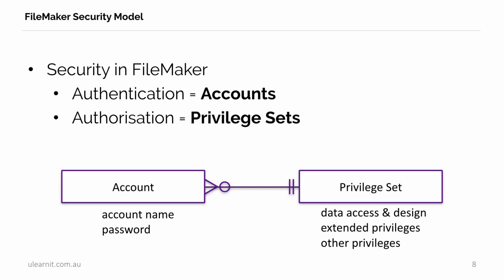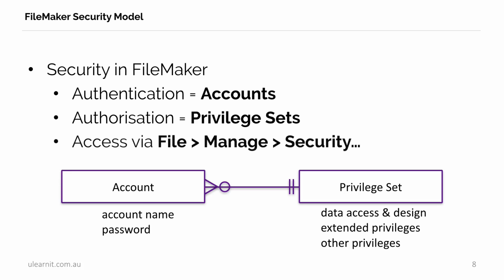And every privilege set may have multiple accounts attached to it, but does not necessarily need any accounts attached. So it's a one-to-many relationship with the shown cardinality. You can access security in FileMaker through the File menu, going down to Manage and across to Security.